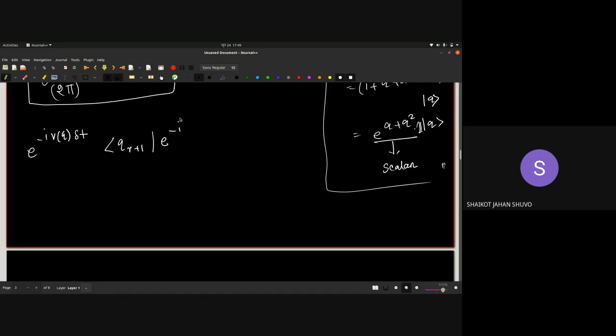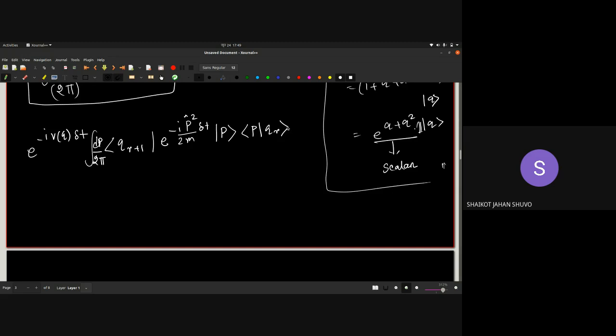We have this e to the power i p squared over 2m, this is an operator. We have this delta t, and now we invoke the identity on the momentum basis. So this is dp by 2 pi. Let's say this is p, this is p, and this is say q of r.